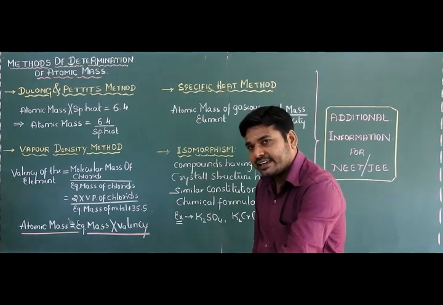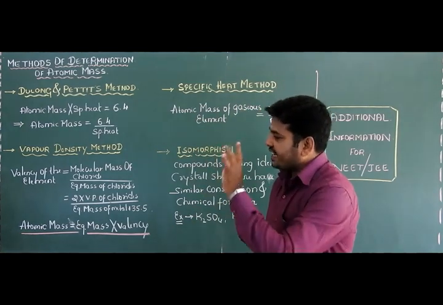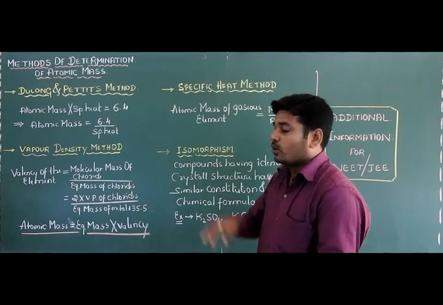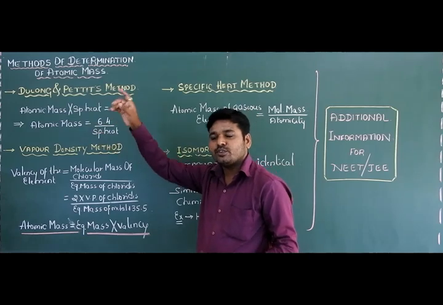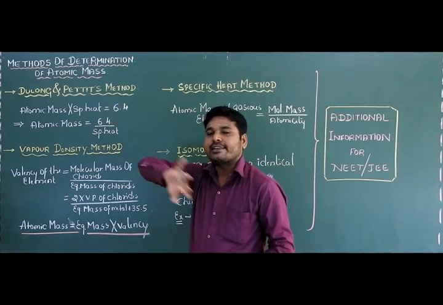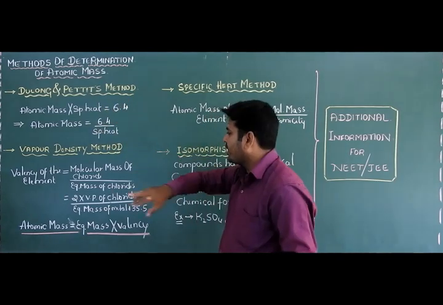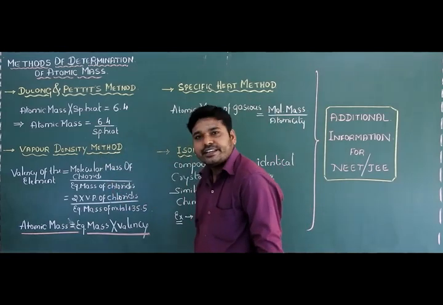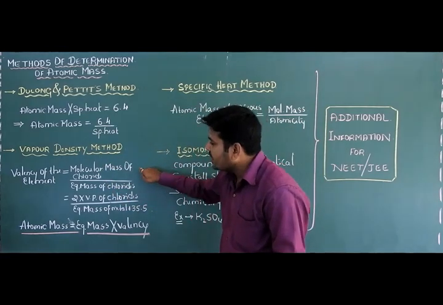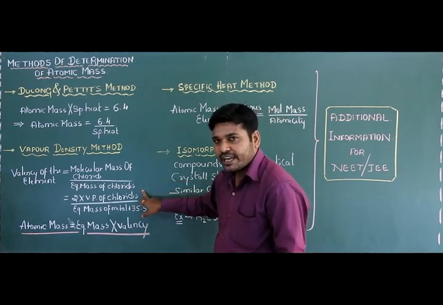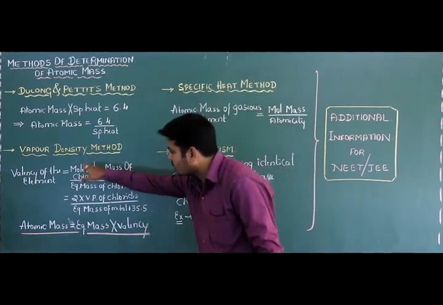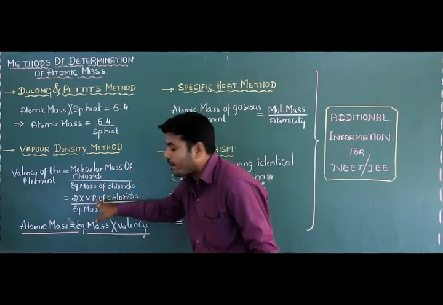That we'll discuss later. Here you just remember, the vapor density method is applicable only for the elements whose chlorides are volatile. So here the formula is valency of the element is equal to molecular mass of the chloride divided by equivalent mass of chloride. And in place of molecular mass, it is nothing but 2 into vapor density.